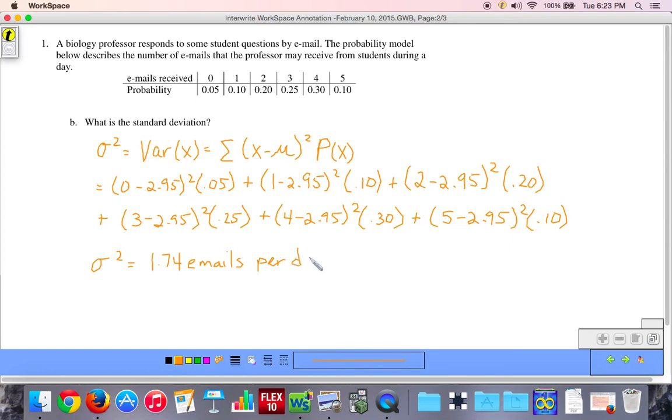However, our question didn't ask for variance, it asked for standard deviation. So standard deviation is sigma. So sigma would be equal to the square root of 1.74, which is approximately 1.32 emails per day.